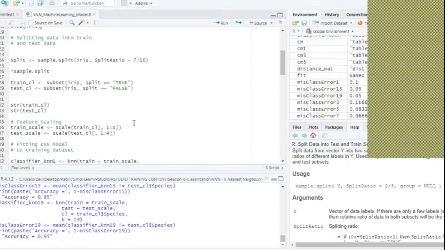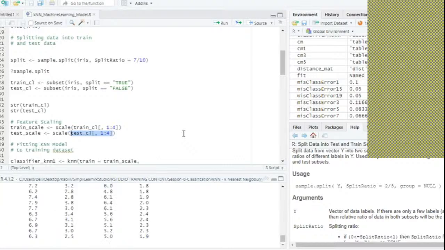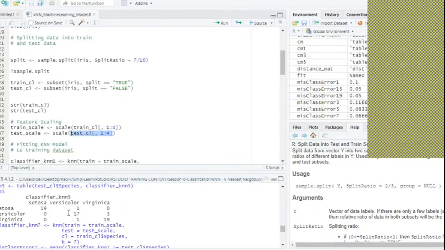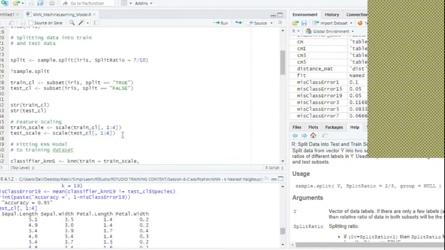Nothing is mentioned before the comma, so it means all the rows, first 4 columns. Scaling is done for the first 4 because the fifth is categorical data, right?